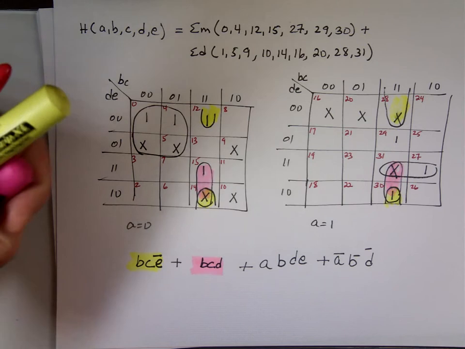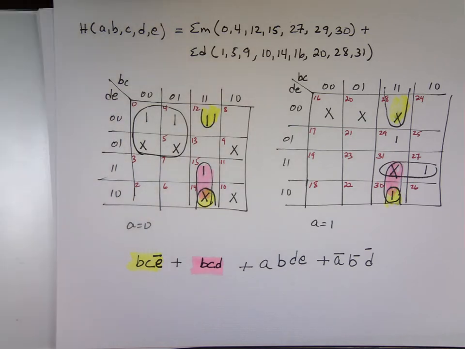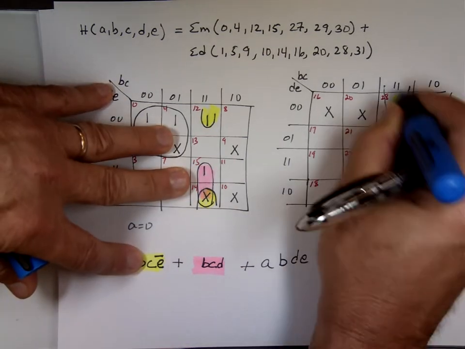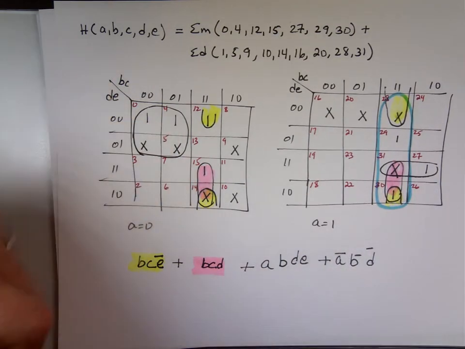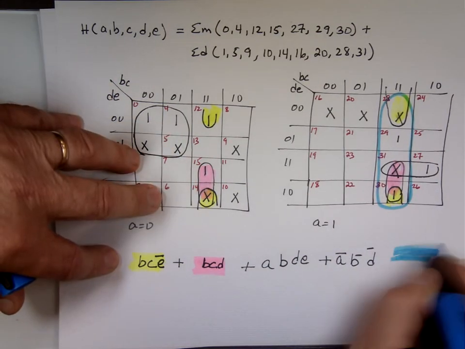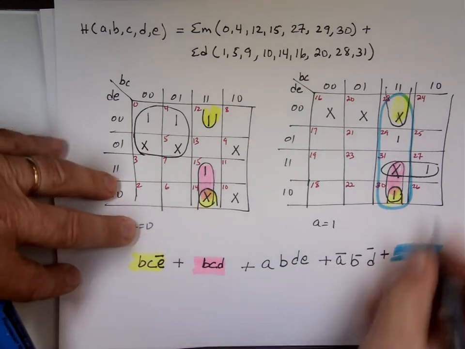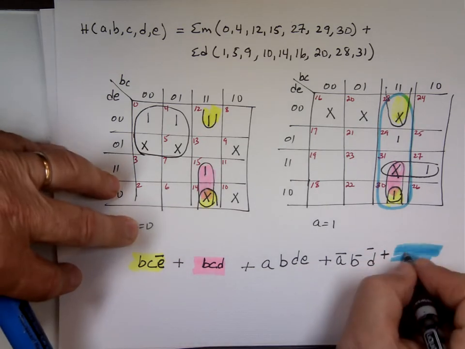So the last group, to get that 1 there, see that group there? If I take that group there, that's what? A is 1, BC.